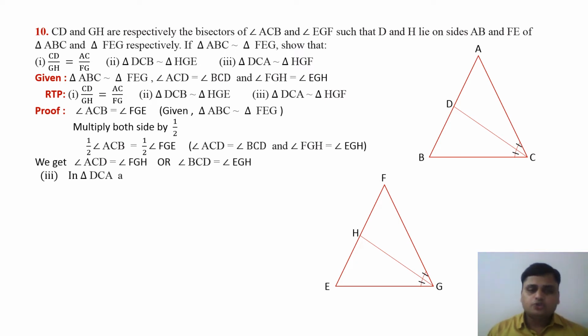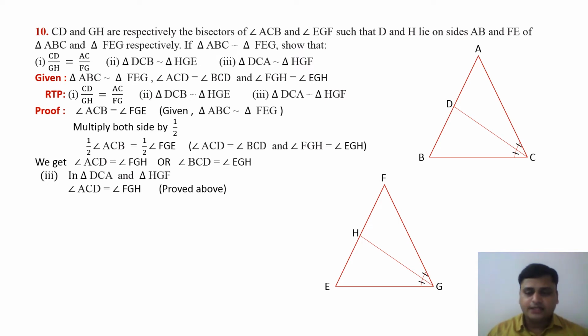So we will take those two triangles. One triangle is DCA and another triangle is HGF. We require three things if we are using SSS similarity or SAS similarity. So here angle ACD is equal to angle FGH. That is proved above.